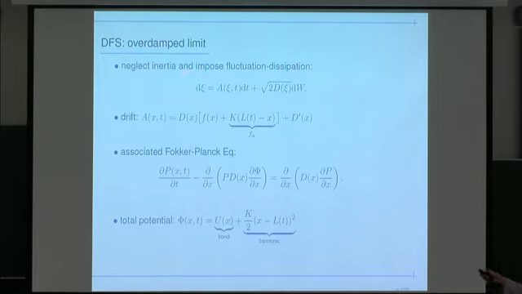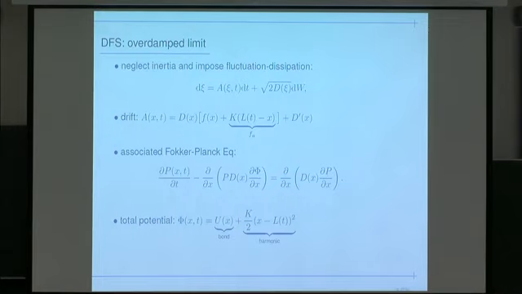Okay, so we write down this SDE. Here's the drift, right? Now I'm going to assume fluctuation dissipation, so this drift will be proportional to the diffusivity. That's the mobility, and it's got the derivative of the diffusivity, because now it's spatially dependent.